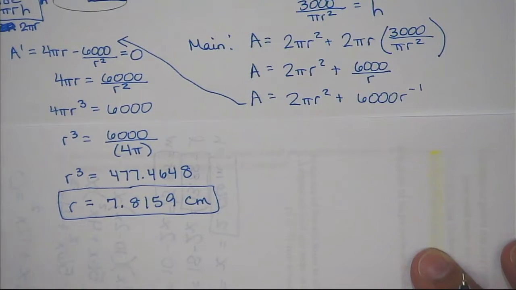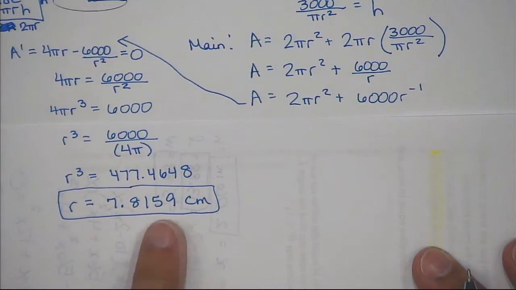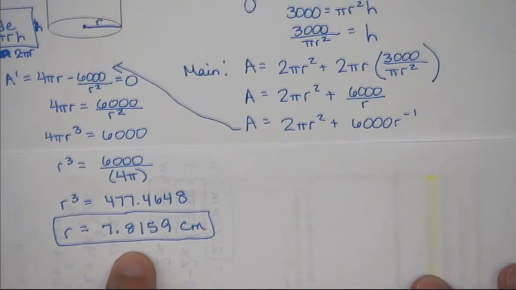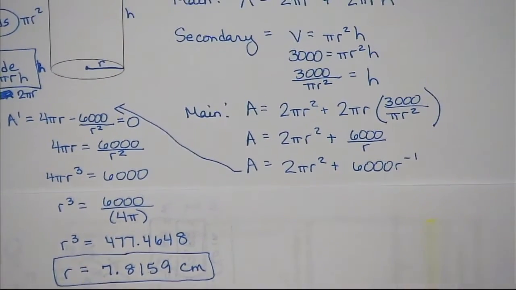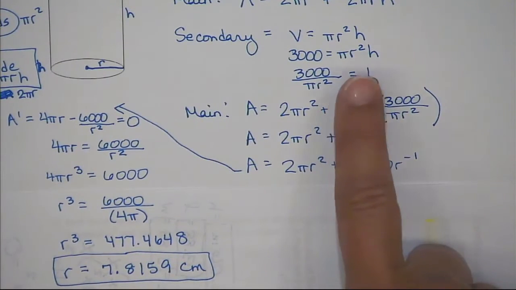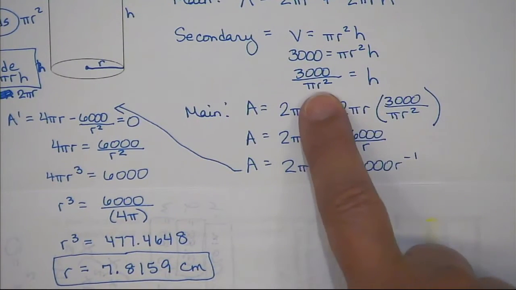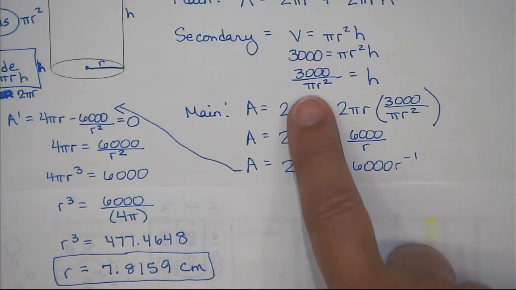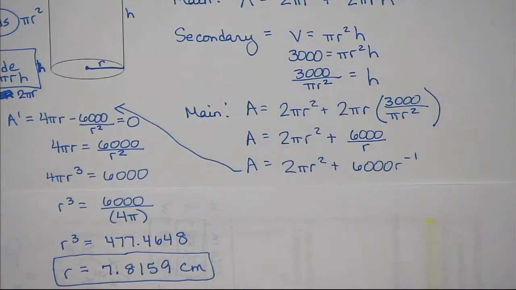So our dimensions for a cylinder are the radius and the height. So there's your radius, you found that dimension. And then where are you going to find the height from? Go back to the secondary. That's where you always get something. So the secondary equation, you're going to plug in 7.81594 for your radius, square it, multiply it by pi, and then take 3,000 divided by that number.